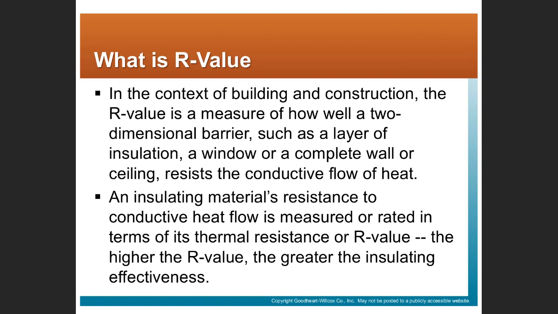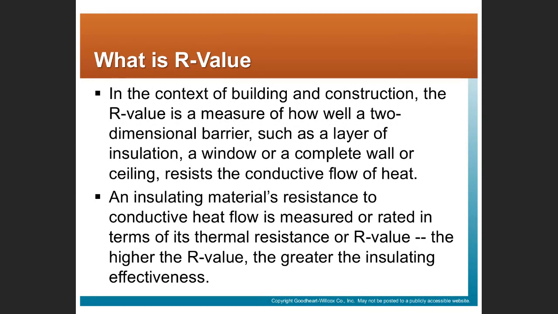R value is what we use to measure the performance characteristics of an insulation or a composite wall or composite roof. Again, the higher the value, the greater the insulating effectiveness, the better it's going to be.